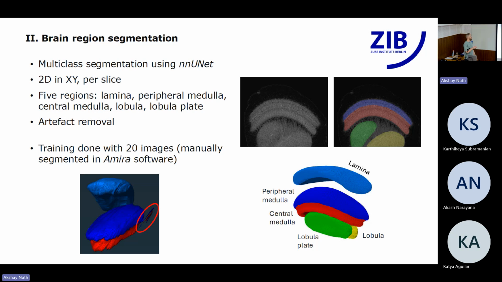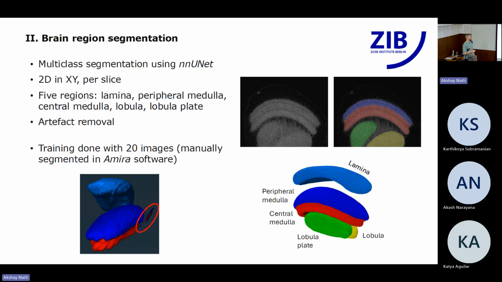Hence we have multi-class segmentation, and we use nnU-Net for this. The segmentation is done in 2D, so per slice in XY slices, as we have the best resolution there, as this channel is not resampled. This means we segment each slice, and then when we have the segmentation, we just stack those slices back up, and we basically get the 3D representation of the brain regions.